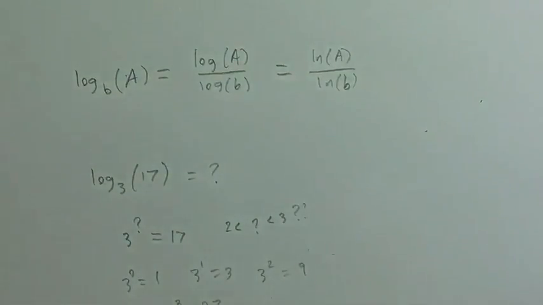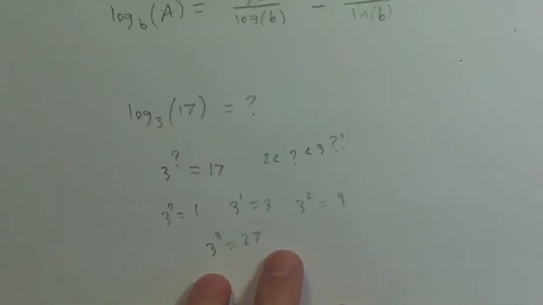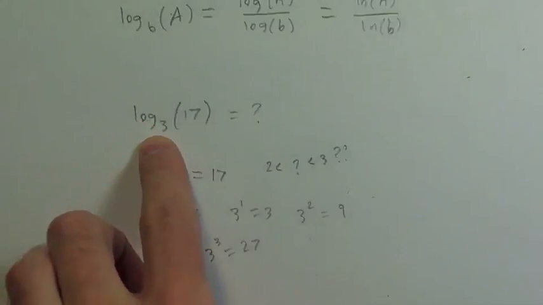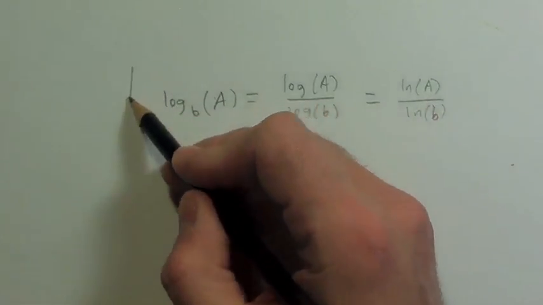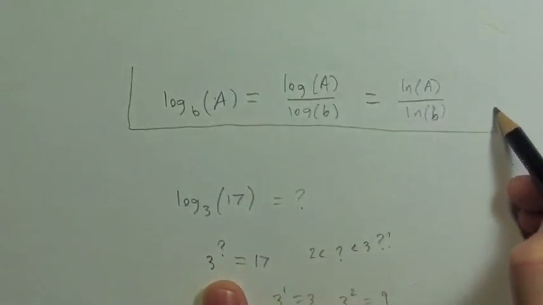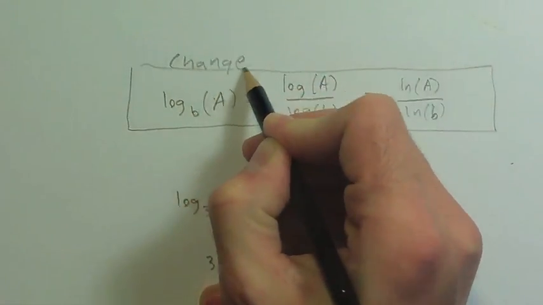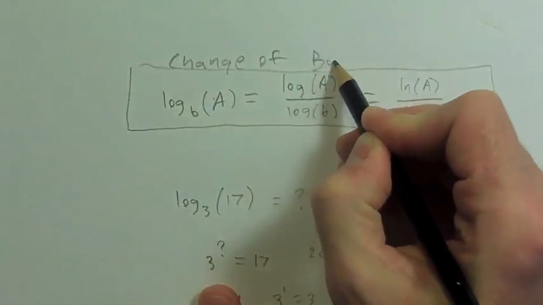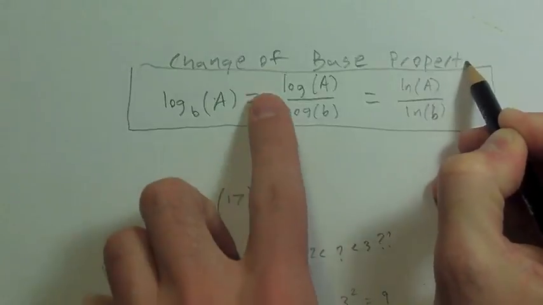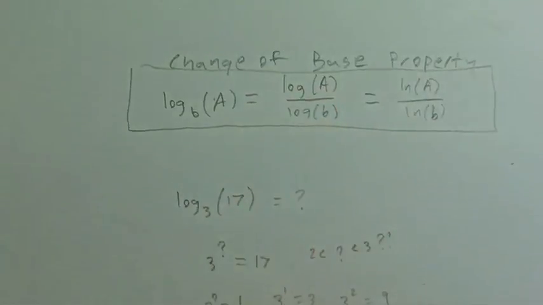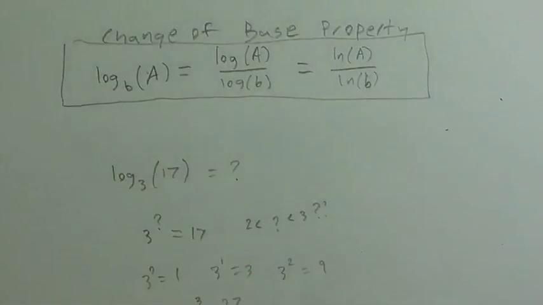So what this allows us to do is use a calculator to help us find this. This is called the change of base property, because what we're doing is changing the base to use base 10 or base e.